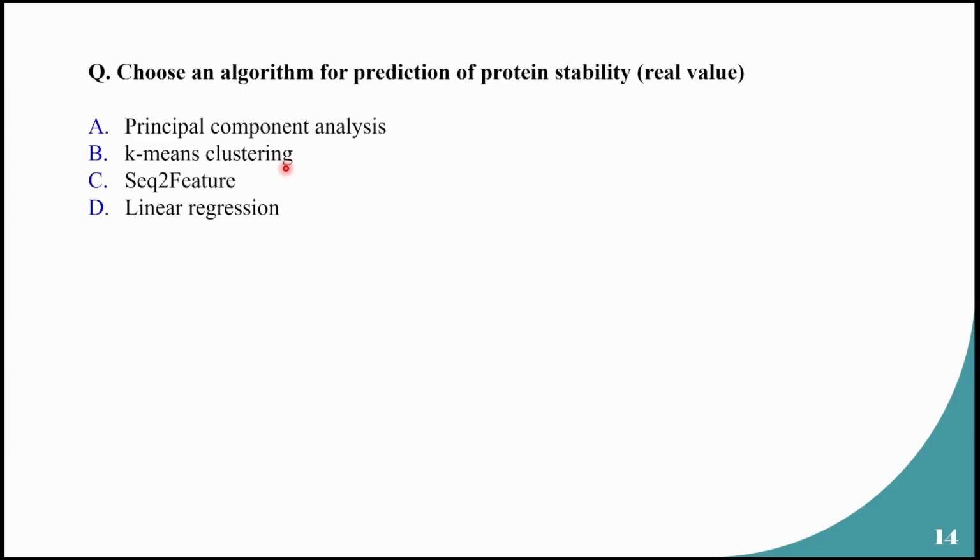We saw how you can assign your k-means clustering algorithm to include a particular number of clusters. You can do that with something called within cluster sum of squares, and you can plot that against the number of clusters.